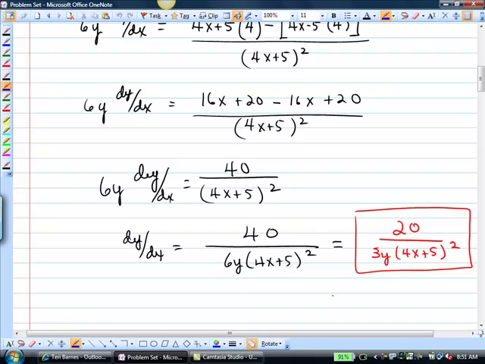Questions? Anybody? Yes, if I divide 40 by 2, I get 20, and if I divide 6y by 2, I get 3y. It's what would go into both of them. You're just looking at how can I reduce 40 over 6. That's what you're thinking.